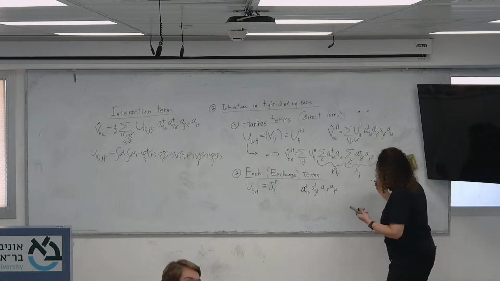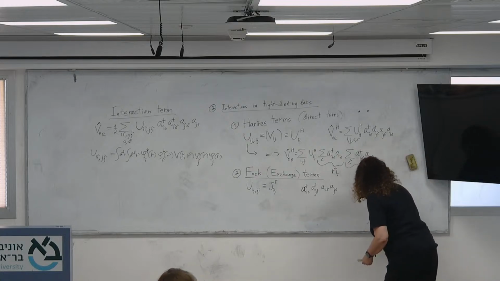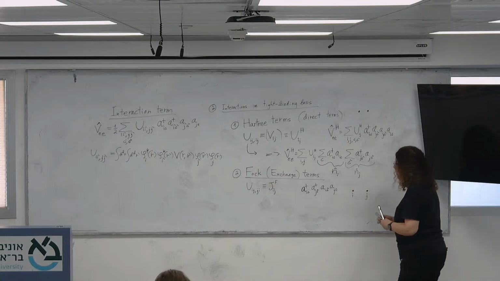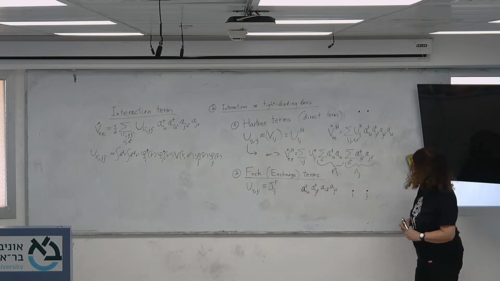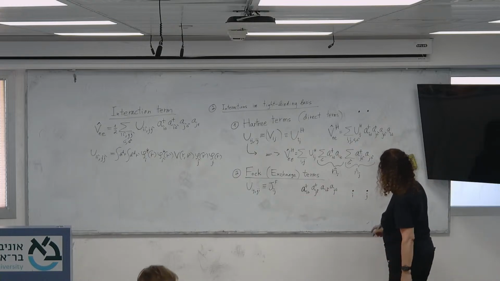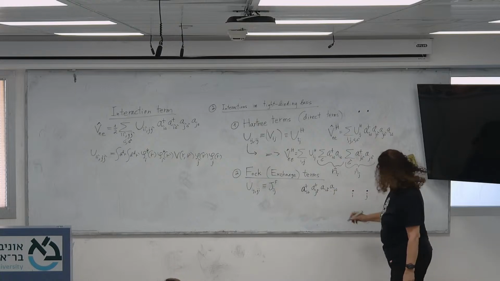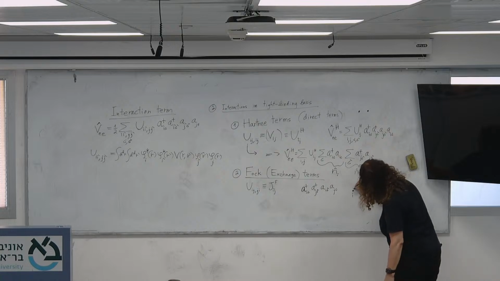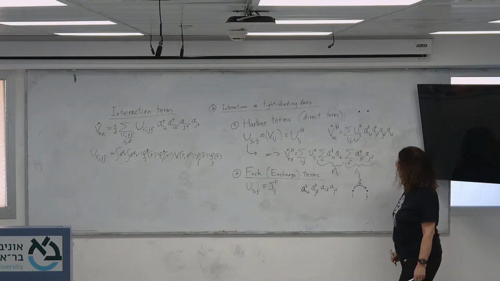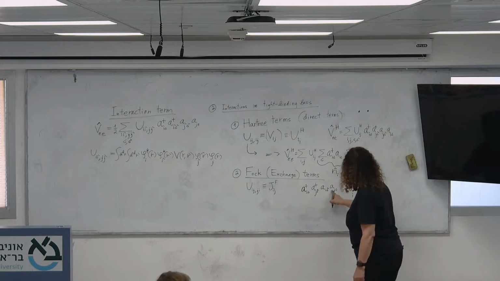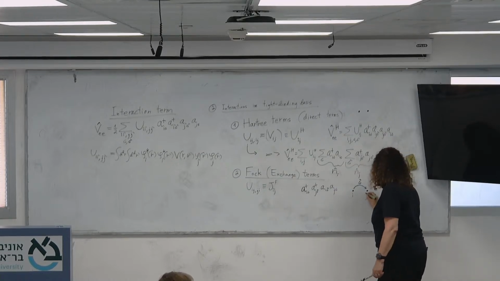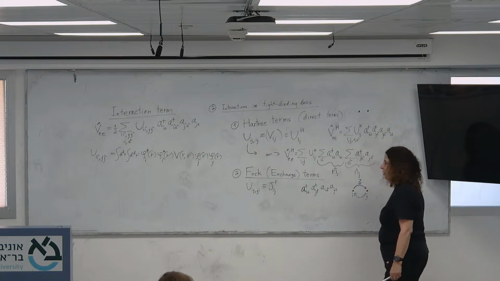Or in other words, if these are site i and site j, the process described by each of these terms is a process where the particle with spin sigma prime is being annihilated from i and hopping to j, whereas the particle with spin sigma is going the other way.